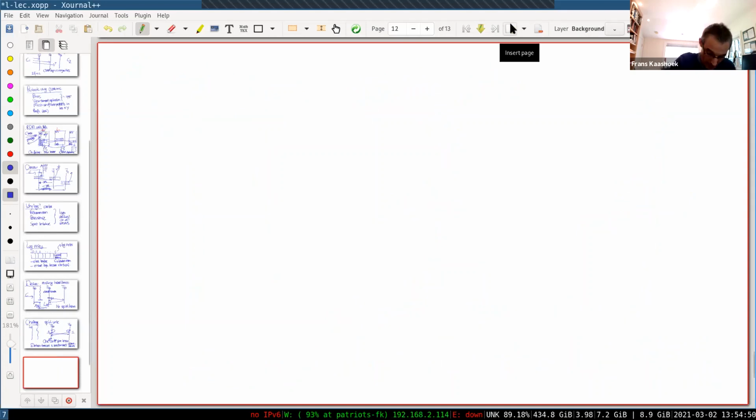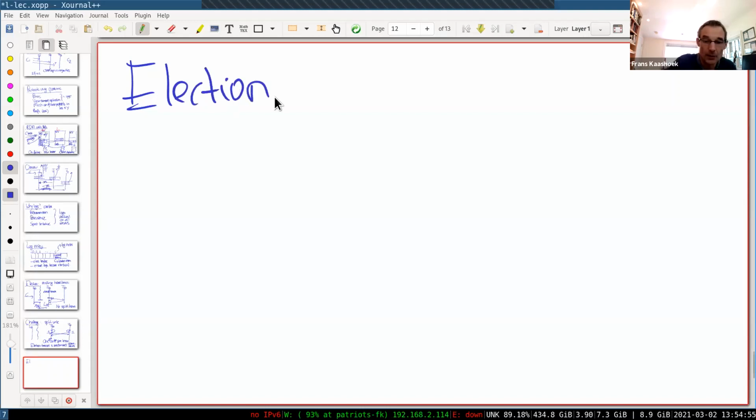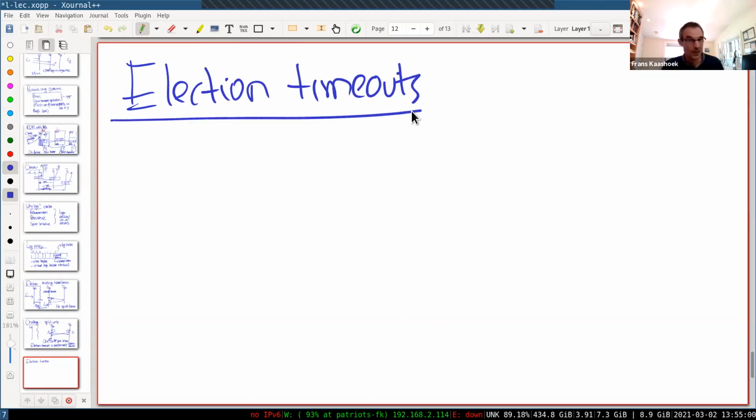There are a couple of pressures on these election timeouts, and this is important maybe for the lab too. You don't want to pick an election timeout that is too short. Because if it's too short, for example shorter than a heartbeat, then you might lose one message and immediately you start running an election.